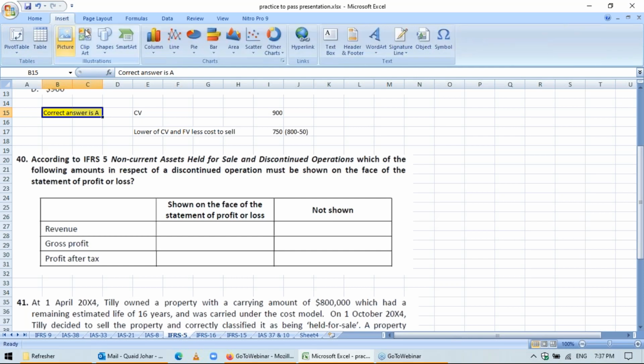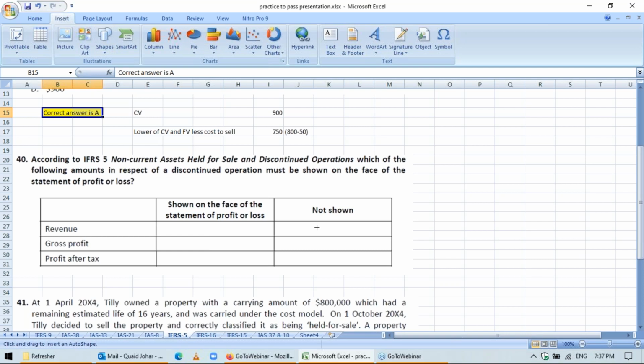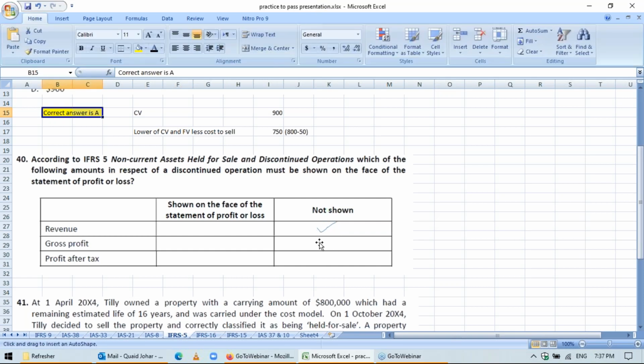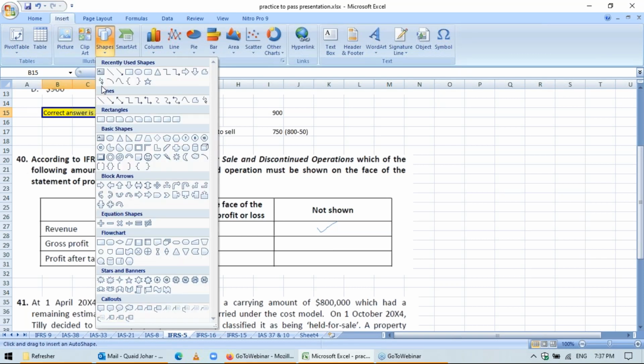So the answer to this question is, for a discontinuing operation where the decision has been taken and the constructive obligation is present, you will not show on the face the revenues and the gross profit.